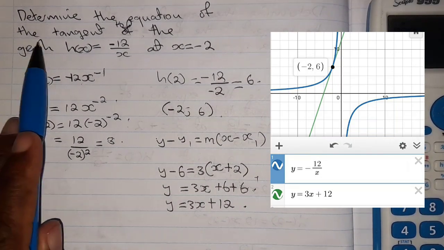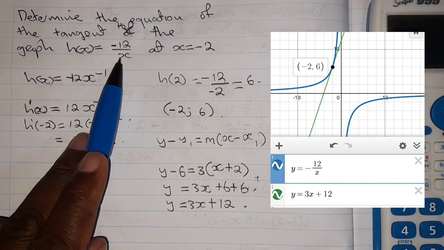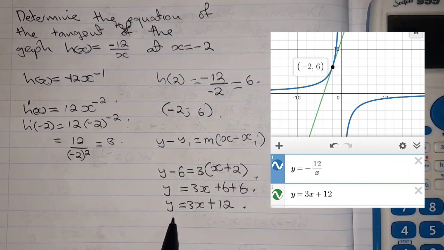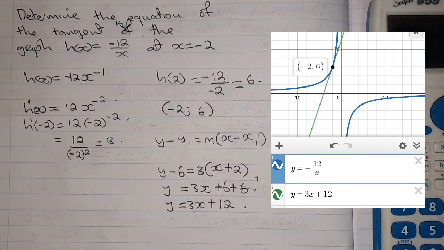So the equation of the tangent to this function at x is equal to negative 2 is y is equal to 3x plus 12. Just take a look at that picture of the function. It's a hyperbola, and there is its tangent at that point.